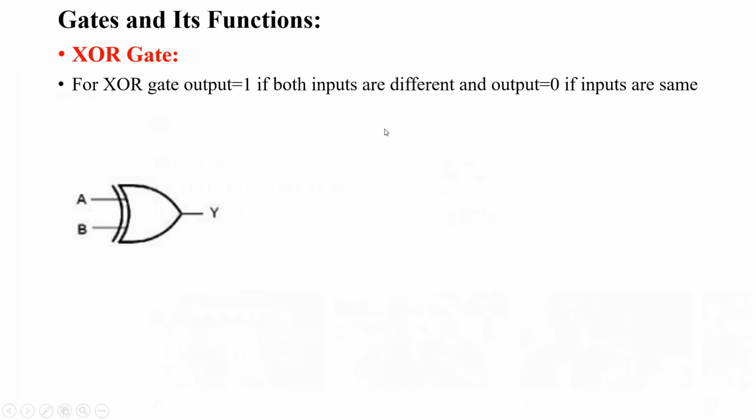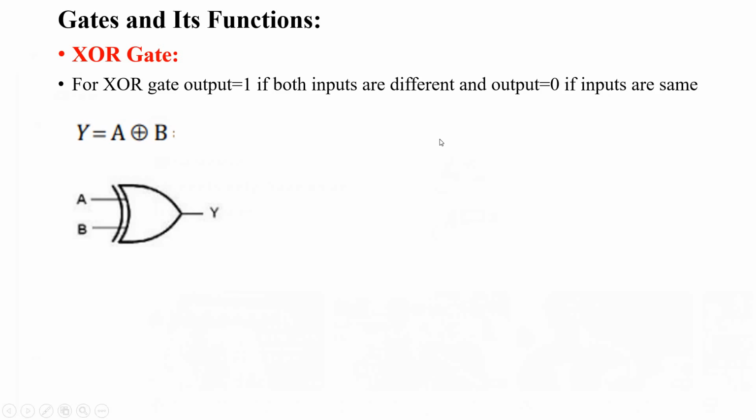Now the next important circuit is the XOR gate. For the XOR gate, output is equal to 1 if both inputs are different. So if you want to compare two inputs in most circuits, the XOR gate is generally utilized.